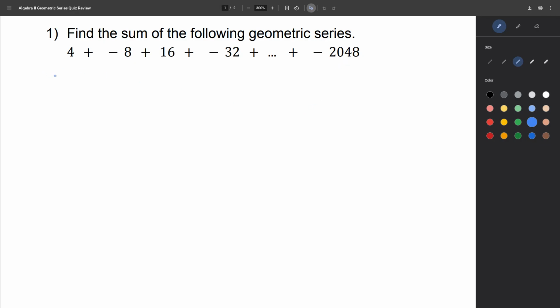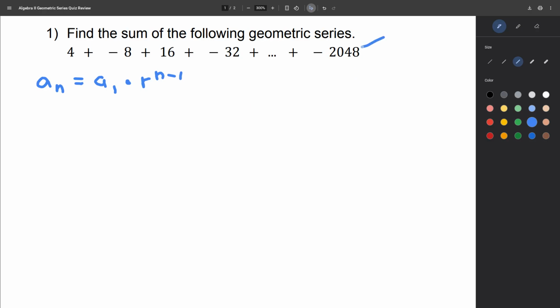So we need to first write the explicit formula for the geometric series, which is a sub n equals a sub 1, the first term, so the nth term equals the first term times the common ratio to the n minus 1 power. Okay?